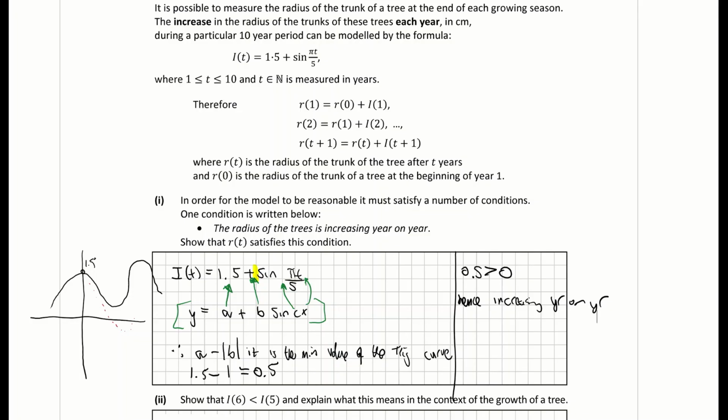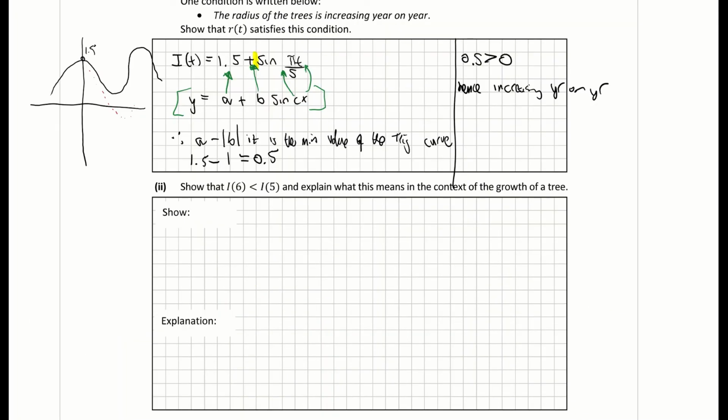Okay, so that's part 1. Part 2 wants us to show that I6 is less than I5 and explain what it means in the context of the growth of the trees. So all we're doing here is subbing in 6 and 5 into our formula. So here is our showing of our work.